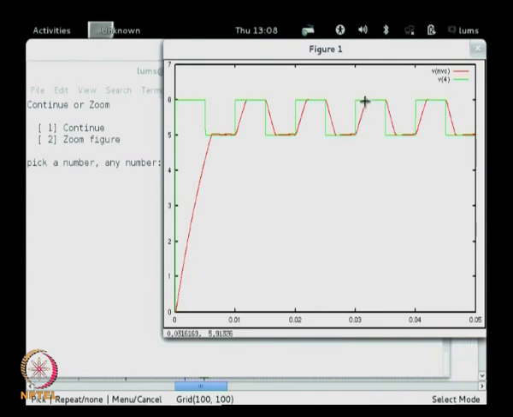So, you can play around with the Ki and Kp values and get better and better dynamic responses, and once you get a satisfactory response you stop, because there are infinite solutions and you do not try to search for an optimum in this trial and error method.